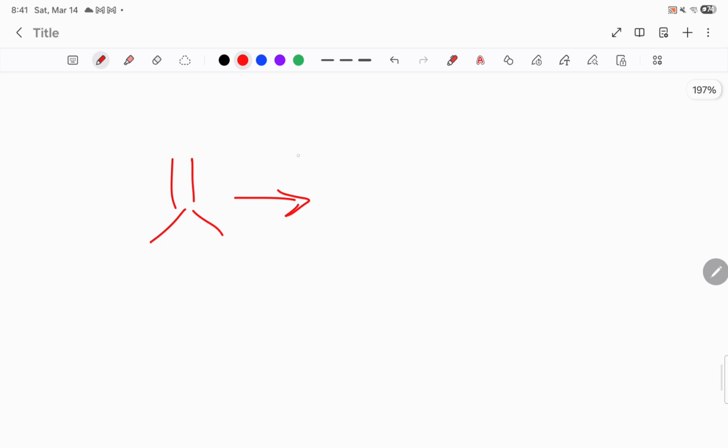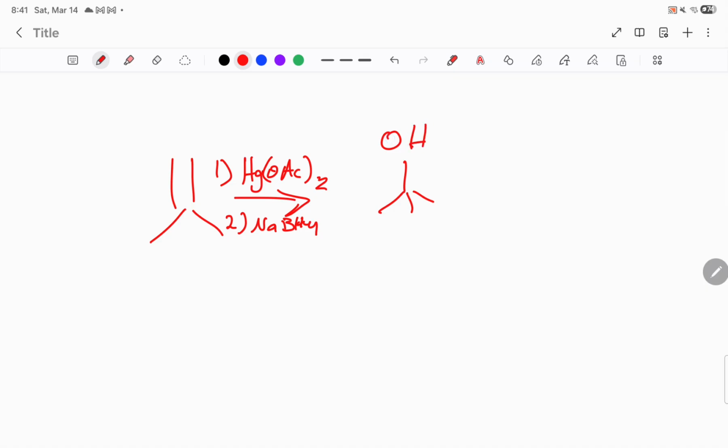You would actually get what we call a mercury acetate, okay, like this, and by a second step, you will use sodium borohydride to essentially do a reduction, and that gets you your alcohol. Okay, that gets you your alcohol.